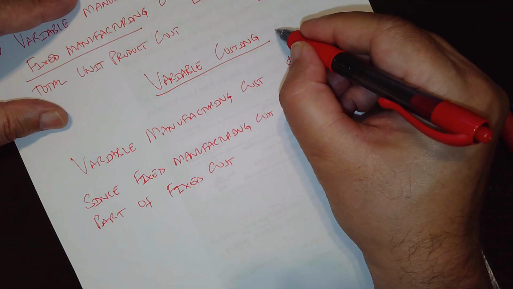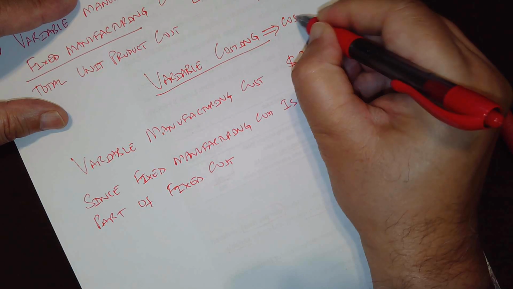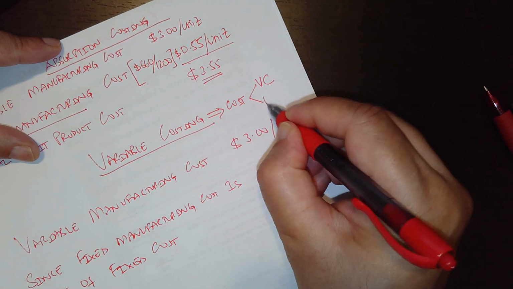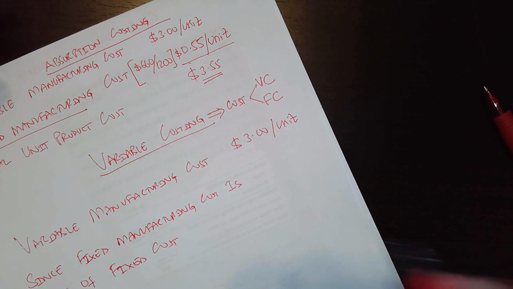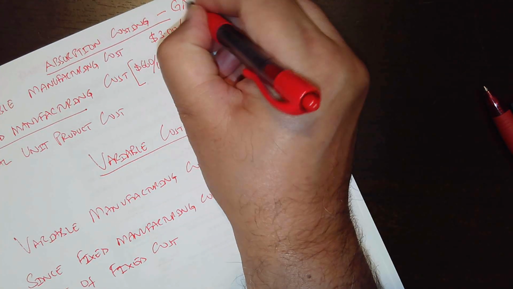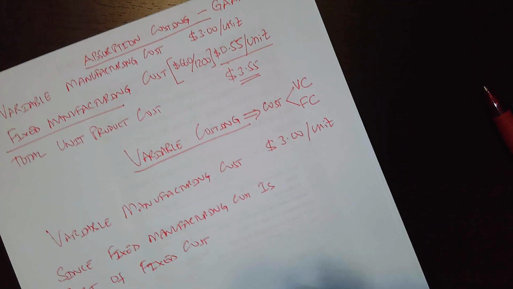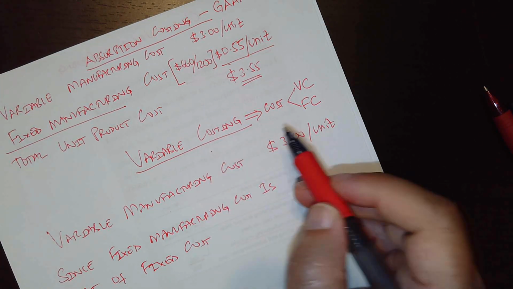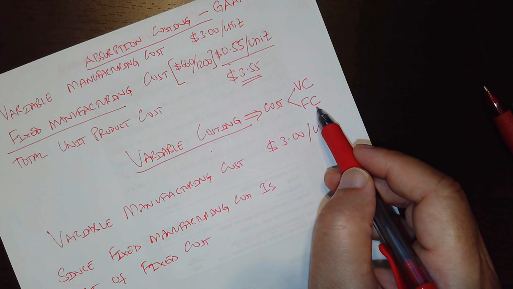So under variable costing, we take the cost and divide it into two parts, variable cost and fixed cost. Since absorption costing follows GAAP, generally accepted accounting principles, we cannot do this. And variable costing is a part of managerial accounting, or cost accounting, in which we can divide the cost between variable cost and fixed cost.